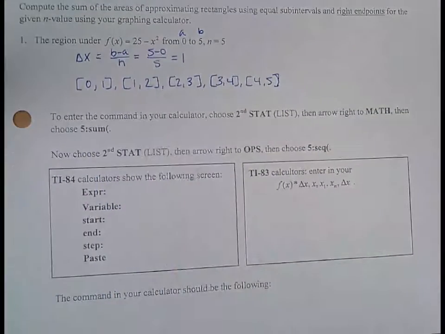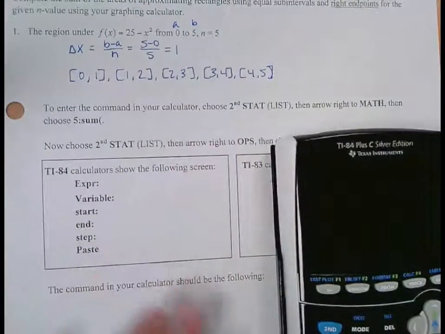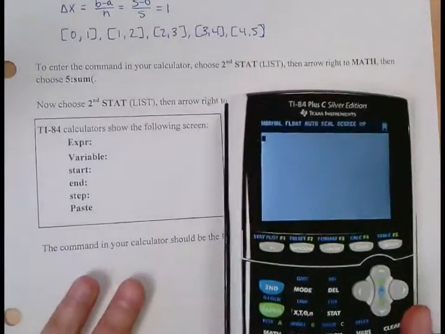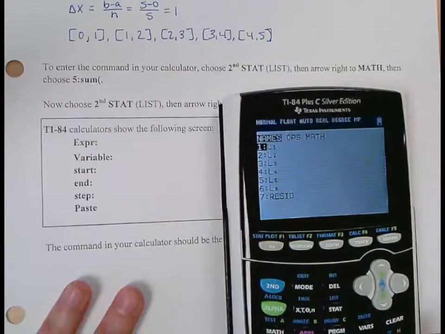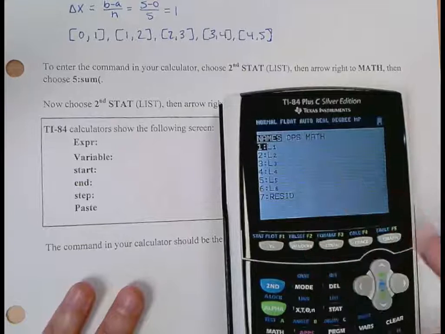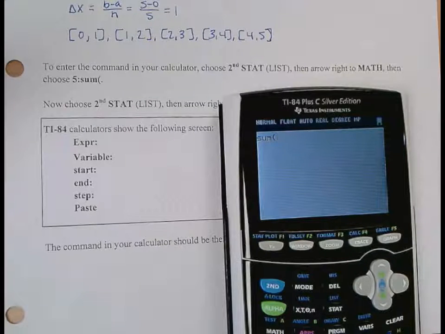To enter this command in your calculator, to find sum, you go to second stat, which is list, and then you arrow right to math, and option 5 is sum.